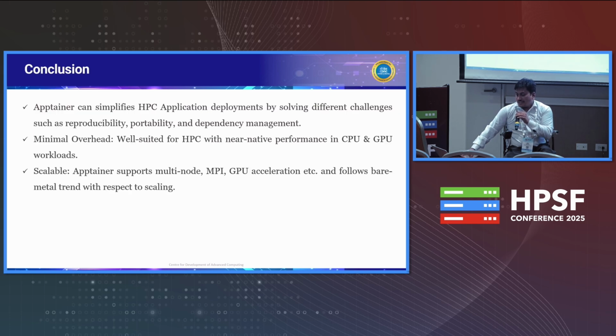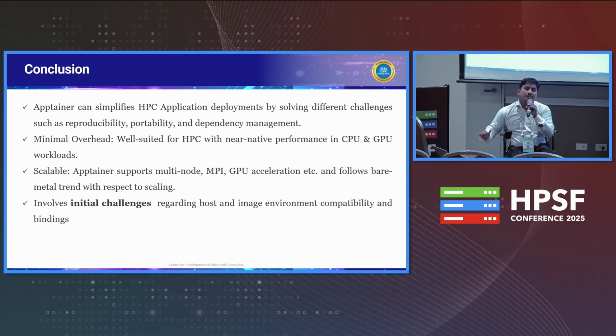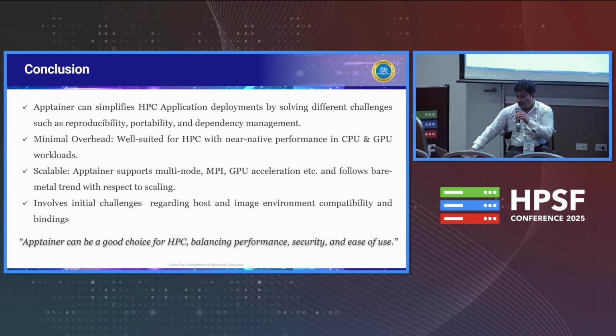To conclude, Apptainer can simplify your work with deployment and maintenance with very minimal overhead, and it's scalable with respect to bare metal systems. If you can work around the initial challenges of deployment on your host systems, it can be a good candidate for you.